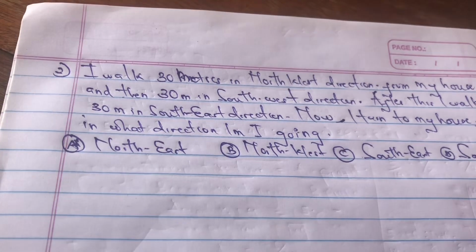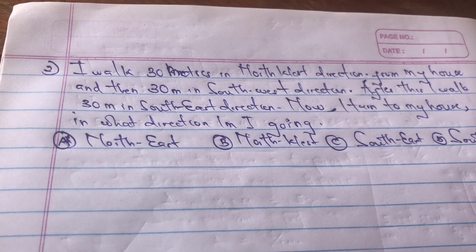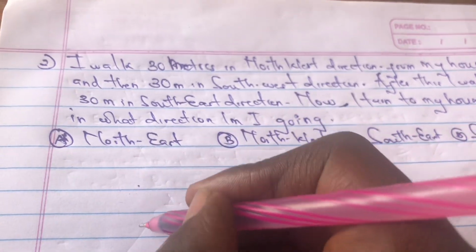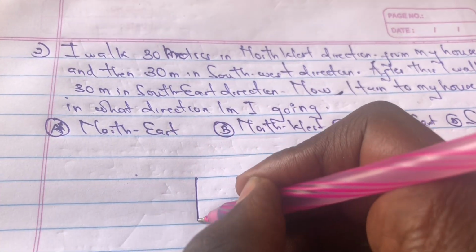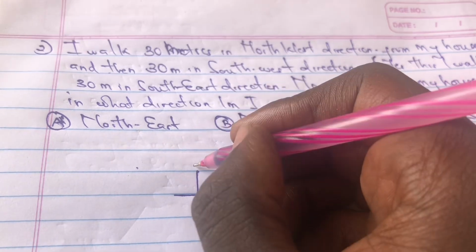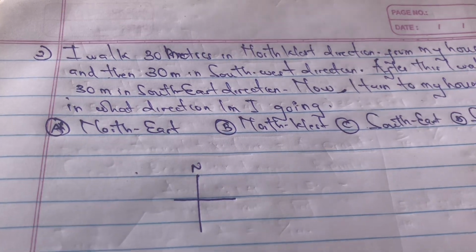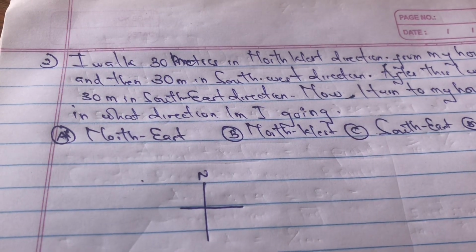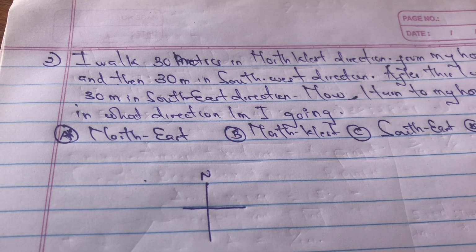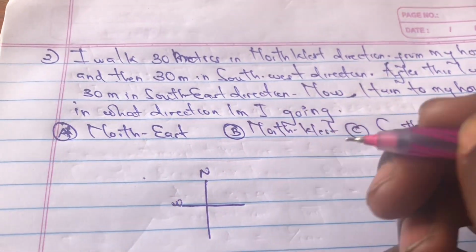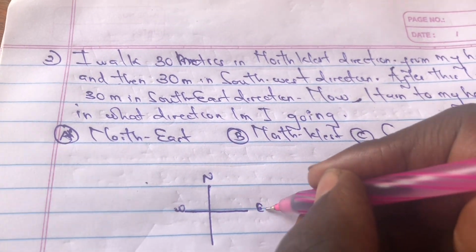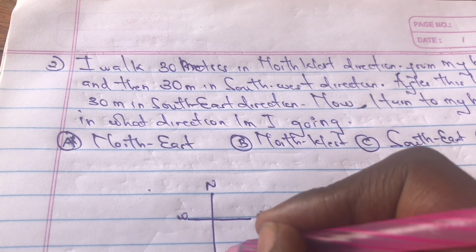They're saying I walk 30 meters in the northwestern direction. So first, let's try to draw our compass here. This is the north. If this is west, this is east, and this is the south.